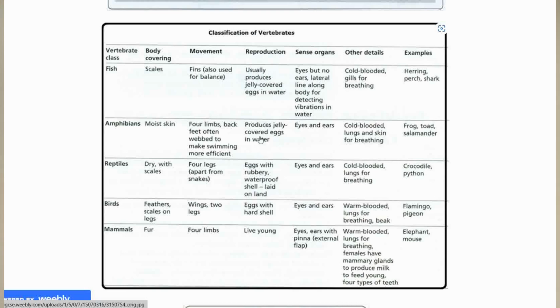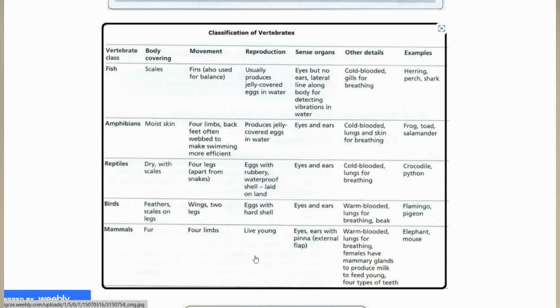In some cases, their fertilization is internal. Reptiles produce eggs with a rubbery and waterproof shell, and fertilization is also internal. Birds lay eggs with hard shells, and fertilization is internal as well. Mammals produce their young ones alive.